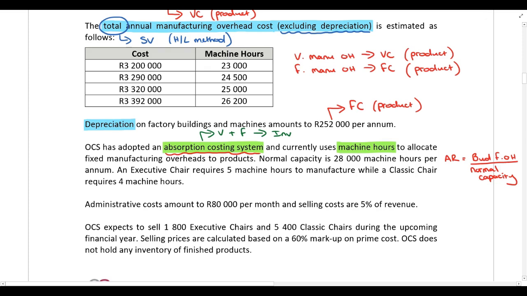That's in terms of IAS 2, and you have been given normal capacity at 28,000 machine hours per annum. An executive chair requires 5 machine hours to manufacture, while a classic chair requires 4 machine hours.